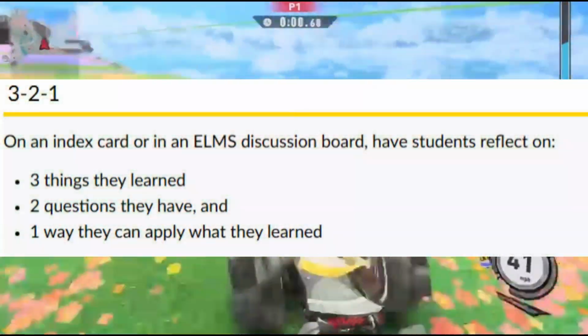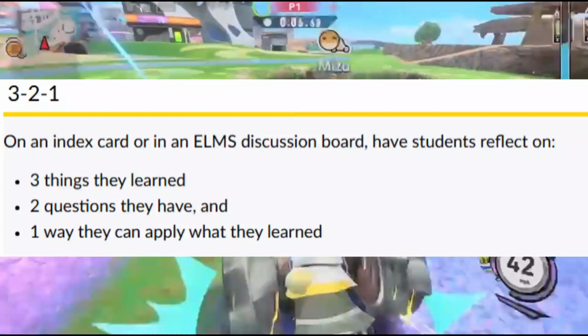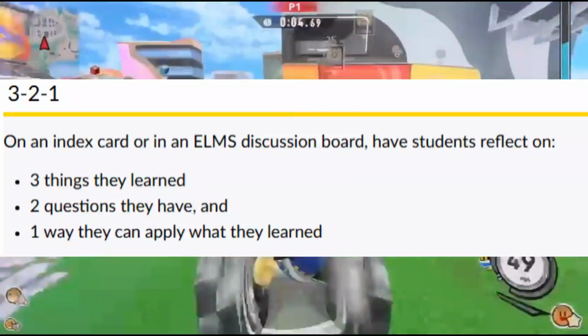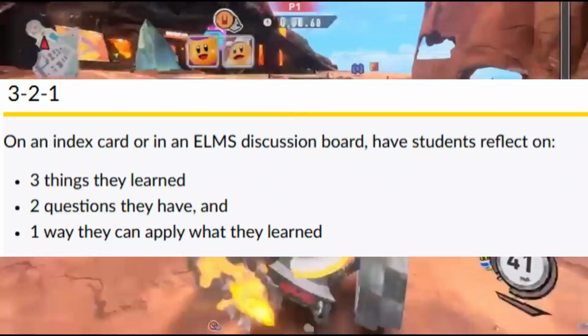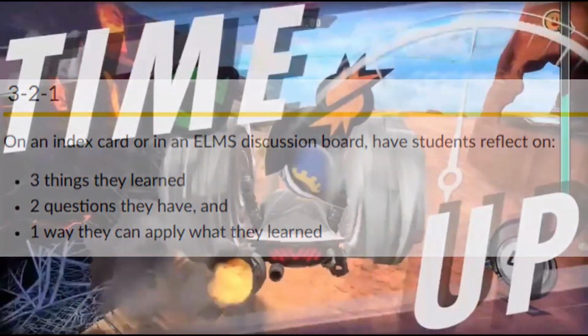For the 3-2-1 activity, you can, for example, ask on an Elm discussion board about three things they learned, two questions they have, and one way they can apply what they learned.